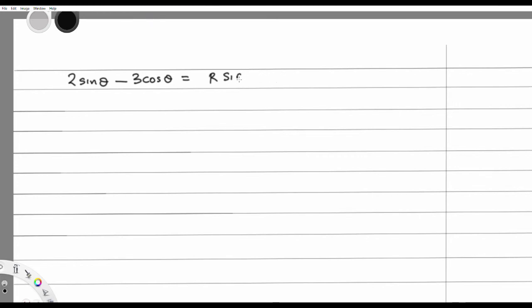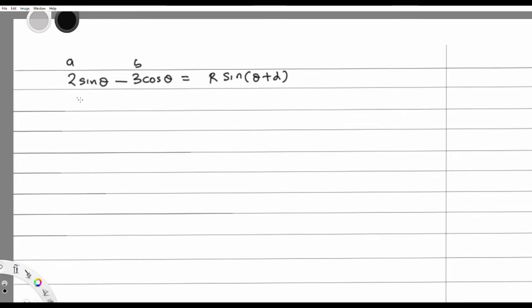We have to make it in this form, r sine theta plus alpha. Okay. So we already know, I know most of you already know this is A, this is B, and you get your answer. And let's just try and compare it with the answer so that we know the rules are working.